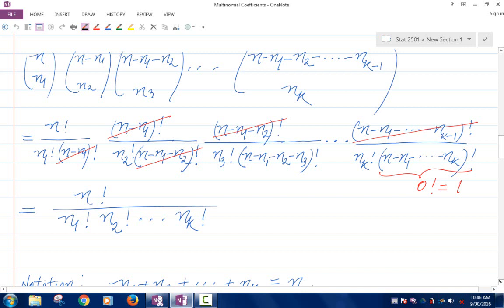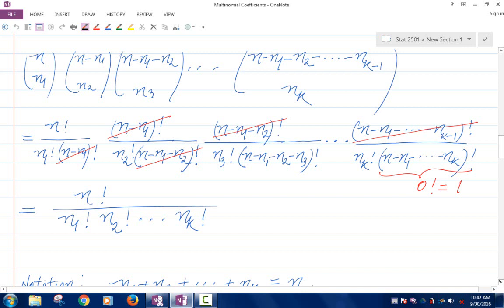You know the formula for the binomial coefficients in terms of factorials. So the next one would be n minus n1 minus n2 factorial over n3 factorial times n minus n1 minus n2 minus n3 factorial, dot dot dot, the last one. Okay?